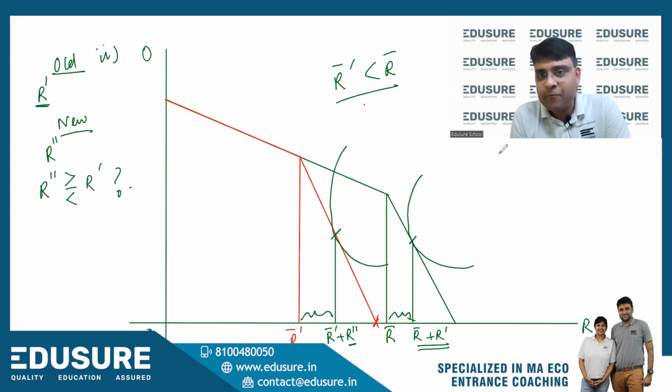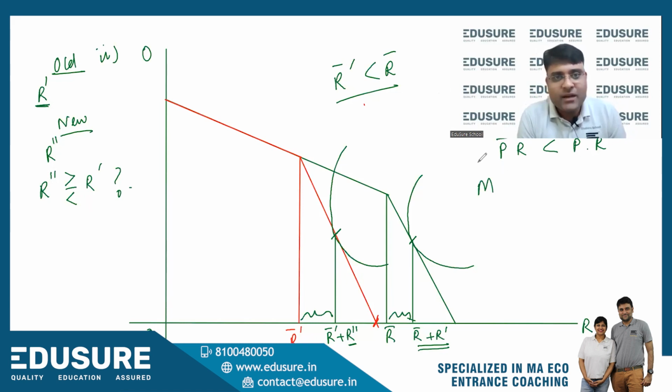Okay, Kabir, tell me this: the price in the ration quota is the same, right? So P bar into R bar dash will obviously be less than P bar into R bar, right? Now, the money income available in the old case is basically the entire money income minus P bar into R bar. And this is equal to the price of rice outside the ration quota multiplied by R dash, plus price of other good into other good.